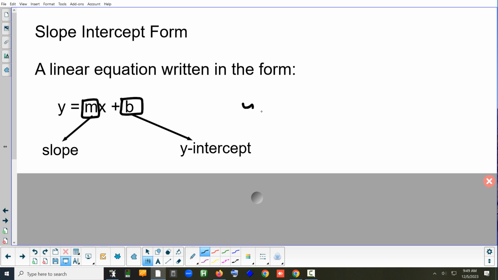It's like if I wrote something like this. What number is the slope there? 2x, 2. And what number is the y-intercept? 3.